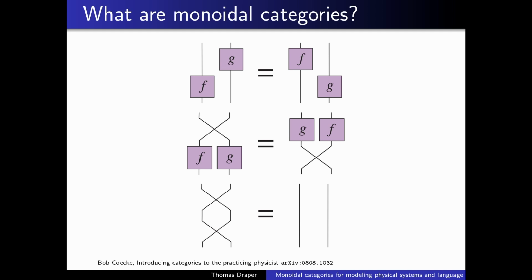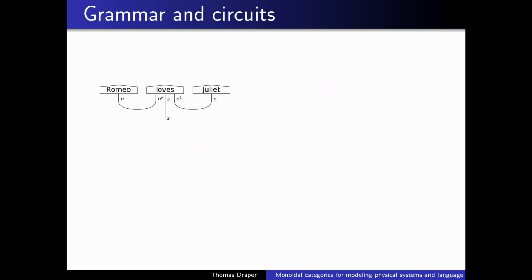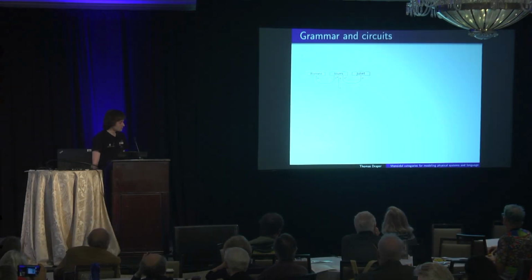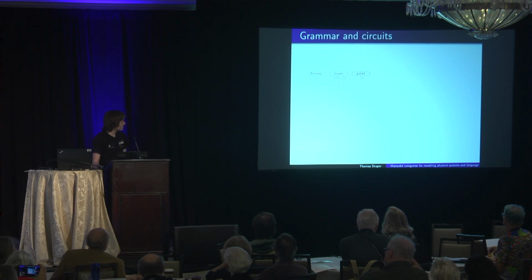And now for an application of these ideas in grammar, we can take a sentence and parse it, and grammar describes how the words connect together and how this creates a whole sentence. So if we think of the sentence, Romeo loves Juliet, we have the two nouns, Romeo and Juliet, and they're connected by the transitive verb loves, which takes a noun on the left and a noun on the right, and outputs a sentence.